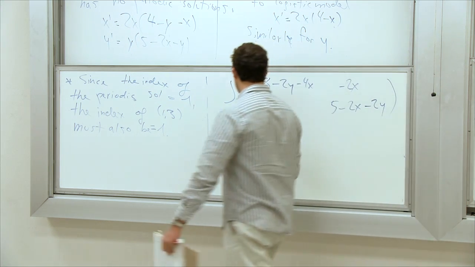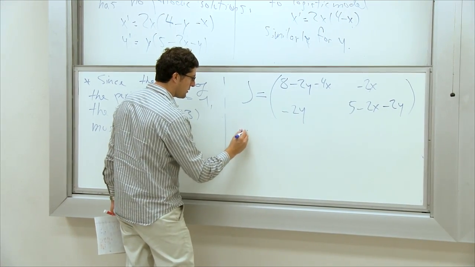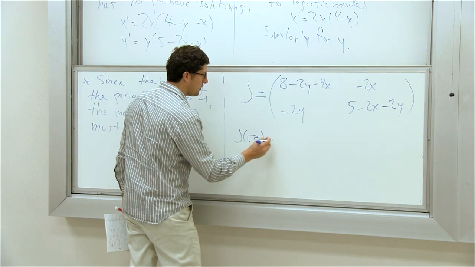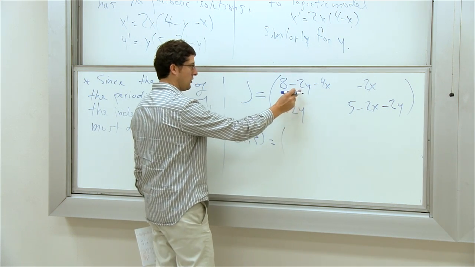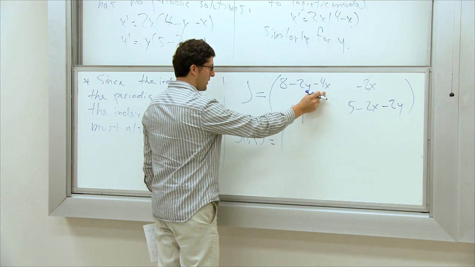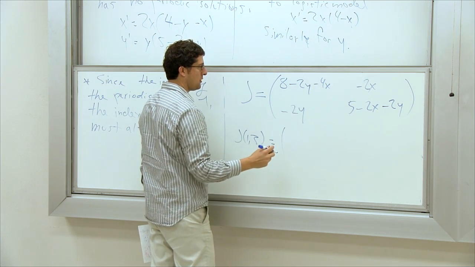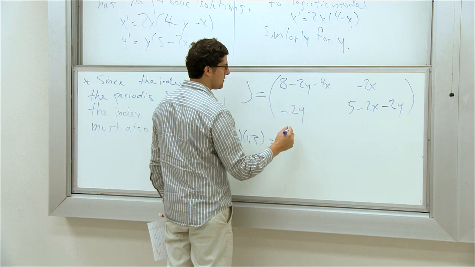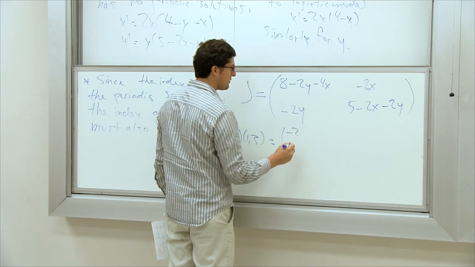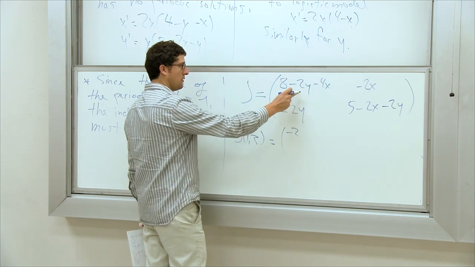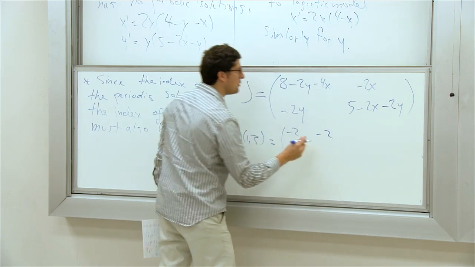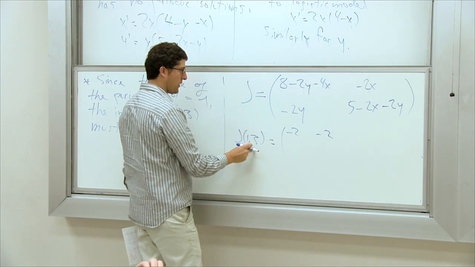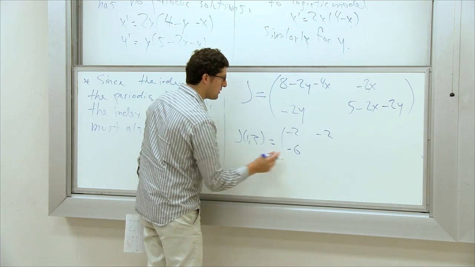Okay. Now let's evaluate that at the point 1, 3. Okay, so we got 8 minus 6 minus 4, which is minus 2, I guess. Right? 6 minus 4. Okay, this is minus 2. Minus 2y, and y is 3, it's minus 6.